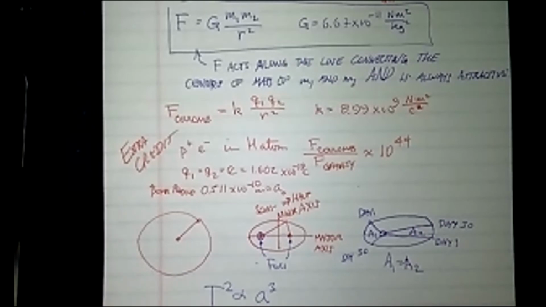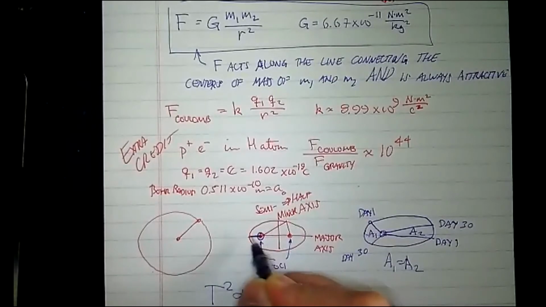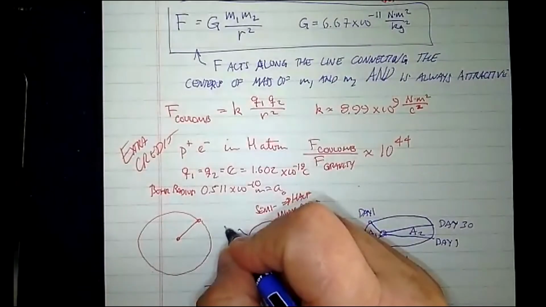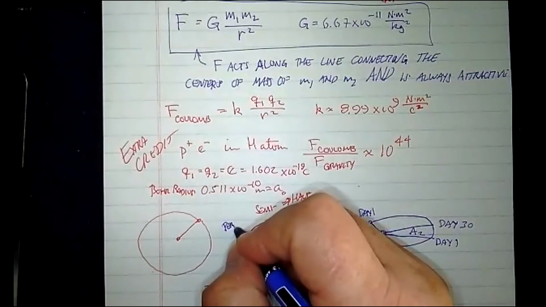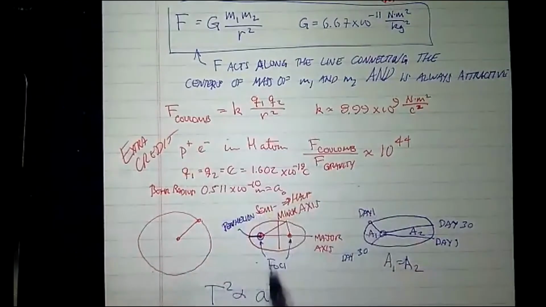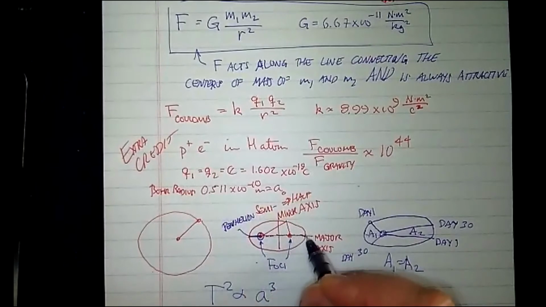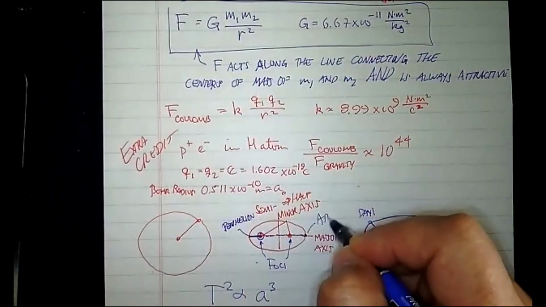Okay, the semi-major axis is essentially the average, because notice this is called perihelion. That's when the planet is closest to the sun. And this is called aphelion.